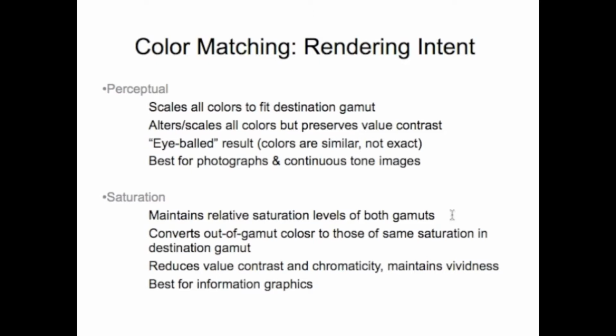It'll say, well, this is close to that, so we're going to convert this to that. Saturation will maintain the intensity. It will reduce the value contrast. The depth of image and the range of chroma in the image will be compromised. And this is best when you're dealing with information graphics, spot color.